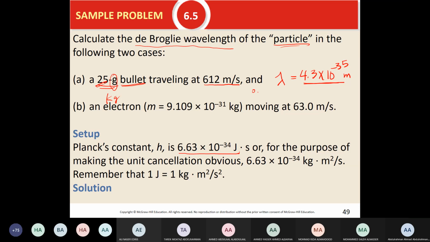How about if we have an electron? This is the mass of an electron moving at a speed of 63 meters per second. What is lambda?